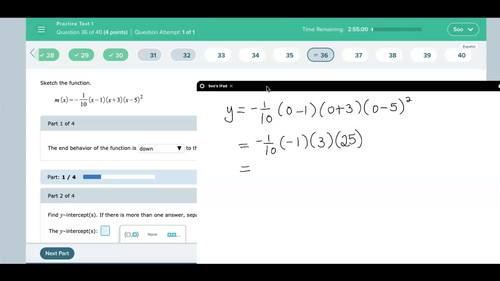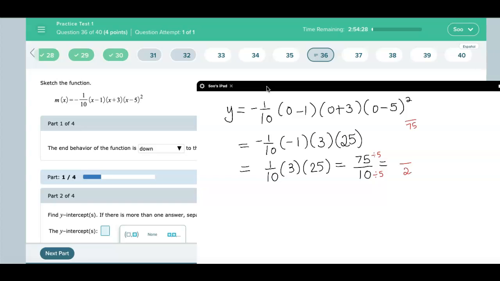Negative times negative will give me positive 1 over 10. And if I multiply, I'll just go ahead and multiply all of them at the same time. Having 3 times 25, that's 75 right there. So I'm going to write down 75 on top of a fraction. And 10 is the denominator. I can simplify this because both are divisible by 5, looks like. So if I divide these by 5, my reduced fraction will be 2 in the bottom.